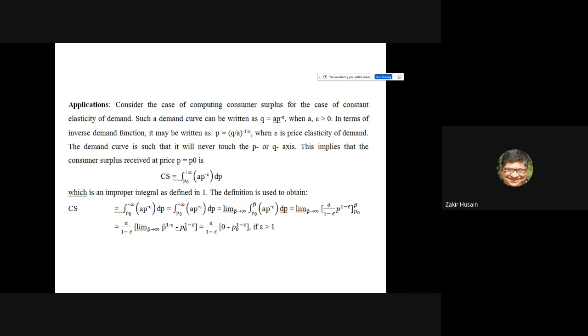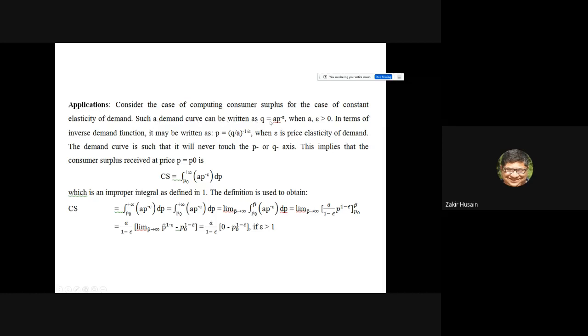Now, why do we go for this stuff? Is it really relevant? We want to find the consumer surplus for a demand curve with a constant elasticity of demand.